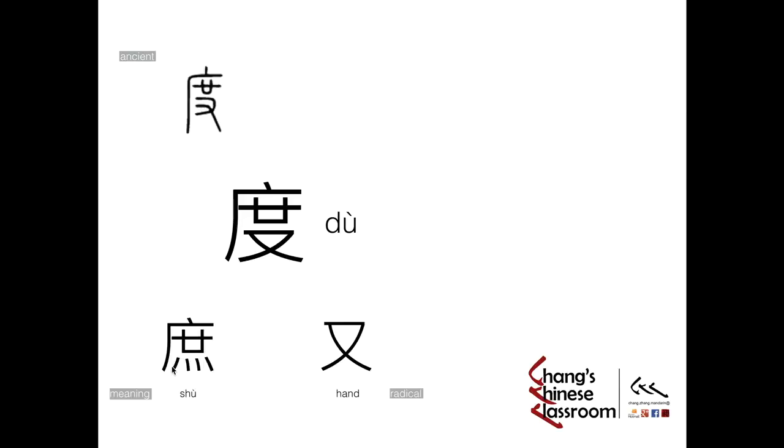And for the upper part, get rid of these four drops, that means shu, just to give you a hint of the pronunciation. Sorry, it's not the meaning, it's the pronunciation. Both the ancient version and modern version of the character refer to the meaning of measure or measurements.